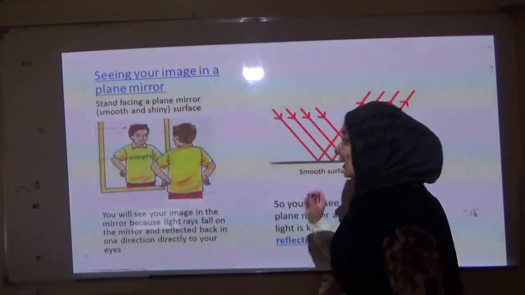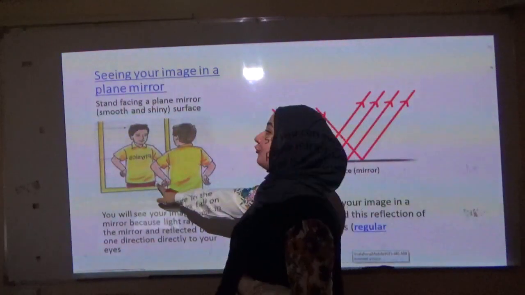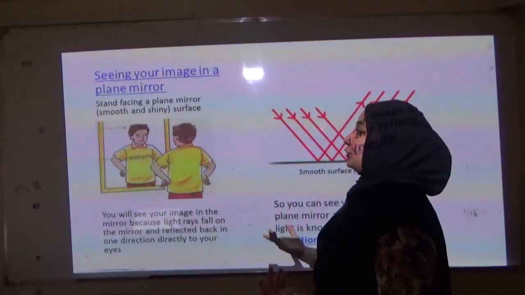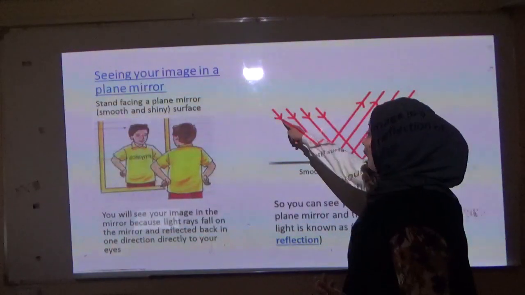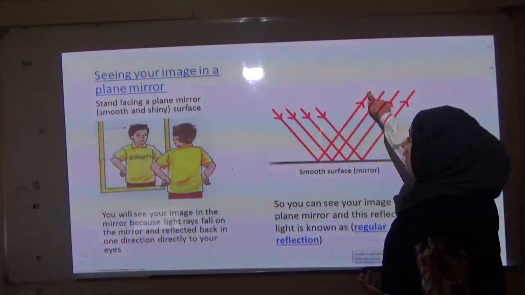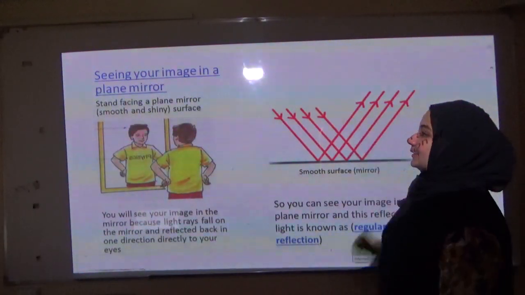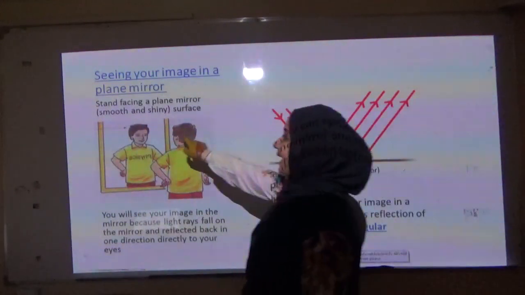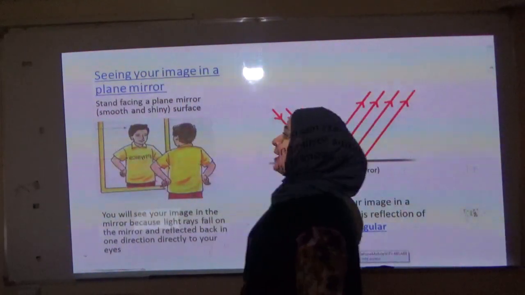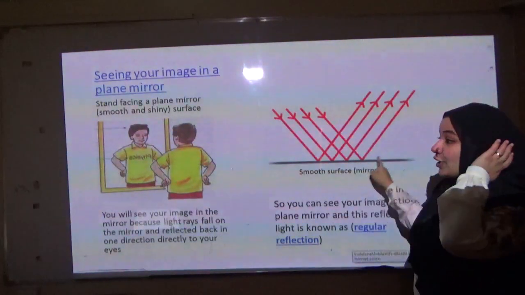If I stand in front of a mirror, what happens to the light? The light falls on the mirror and then the light becomes reflected. So, if I stand facing a plain mirror, the mirror is a smooth and shiny surface.